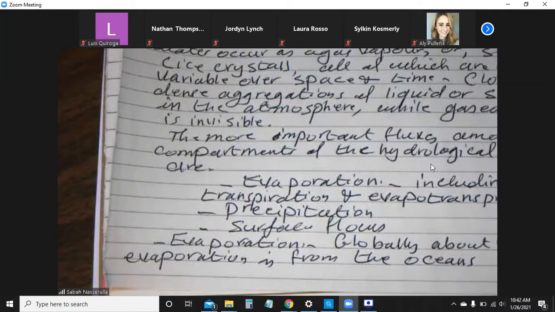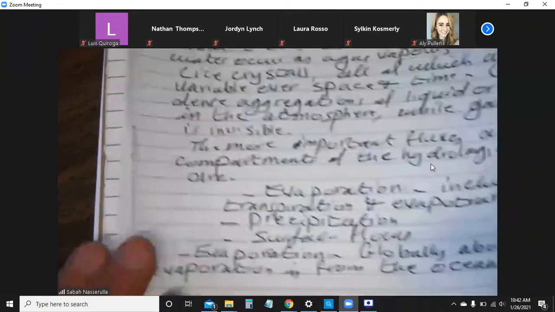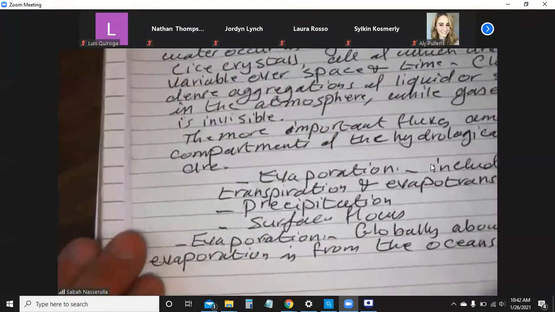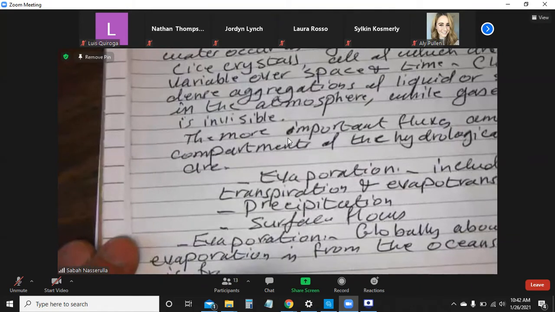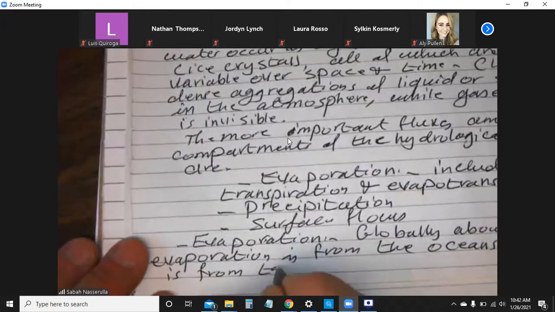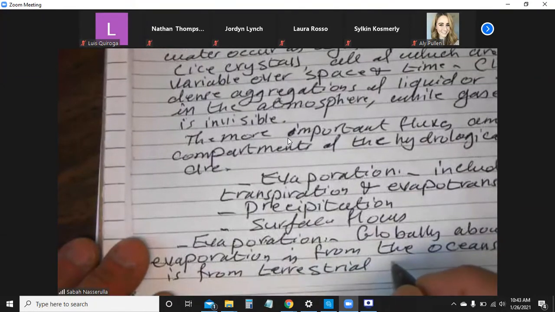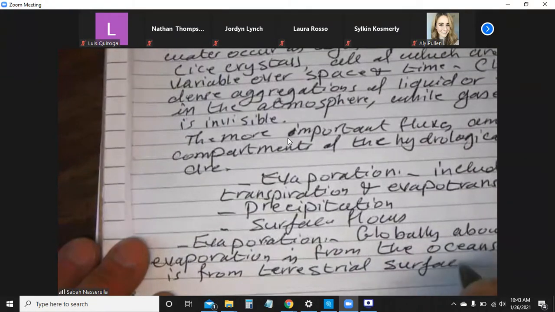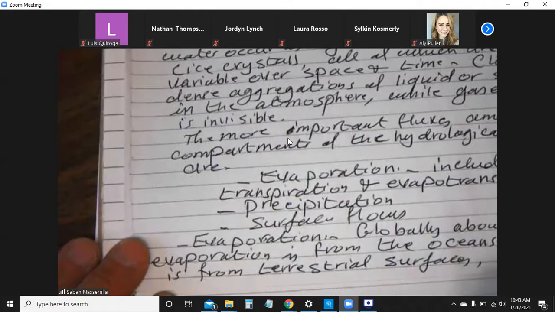And the rest is from terrestrial surfaces, such as bodies of surface water. I'm going to continue here.